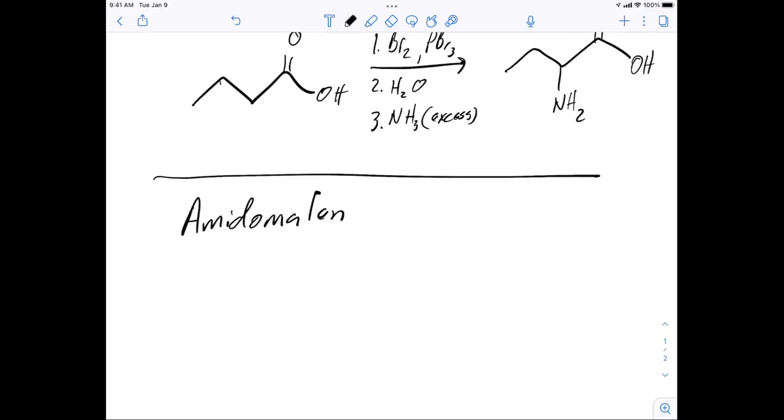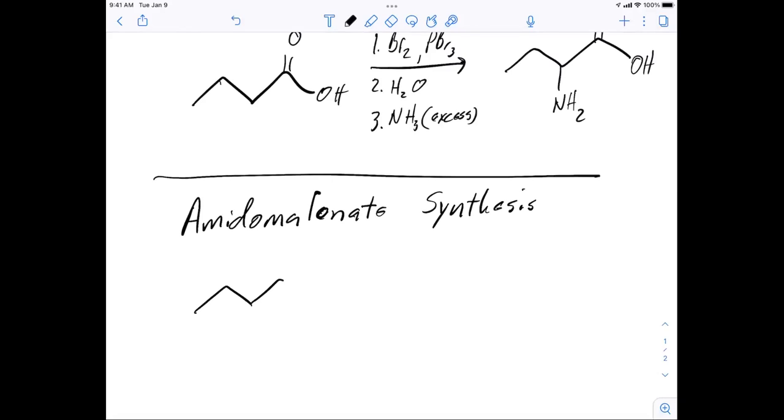Amidomalonate. I can never say that word correctly. Okay, this is very similar to the malonic ester synthesis and our acetoacetic ester synthesis.